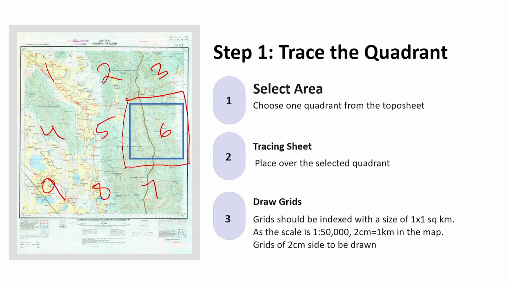So, we will be choosing only one square from these 9. We are choosing just this as our study area. And if your topo sheet is of a 1:50,000 scale, this is going to be about 18 centimeters.